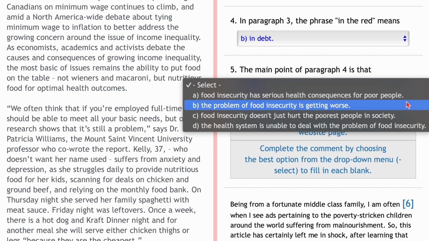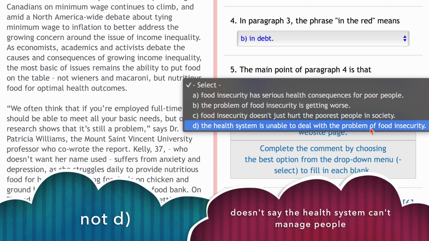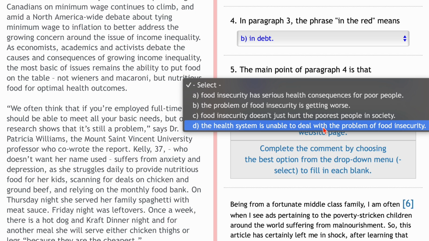And also, hmm, also not D. Now, it did mention the healthcare system, but not that it's unable to deal with the problem of food insecurity. It didn't say that it can't deal with it. It just said that people who are food insecure could have more chronic diseases and they need more health care, okay?